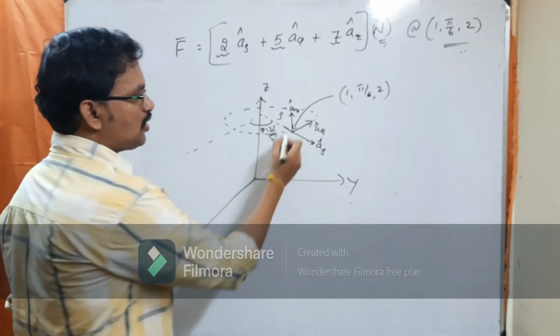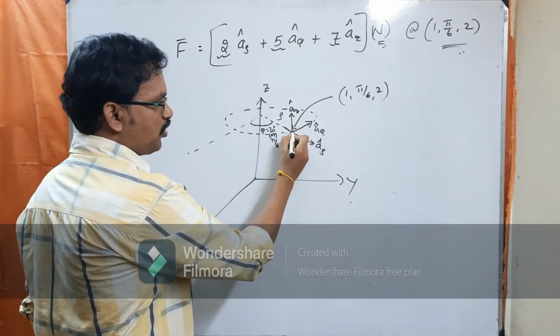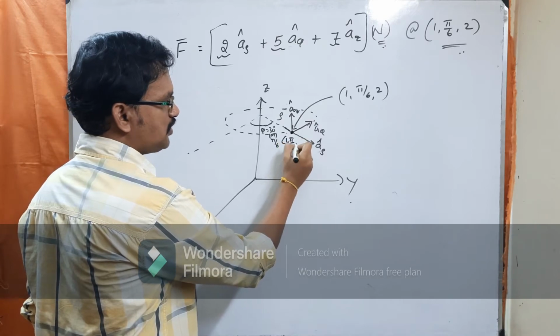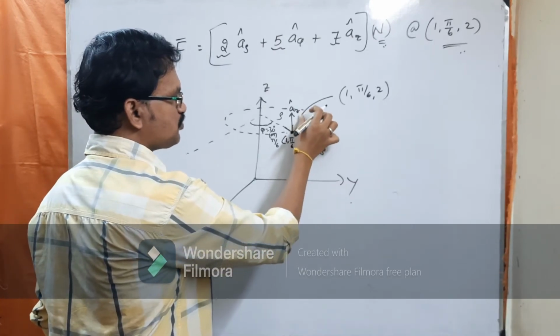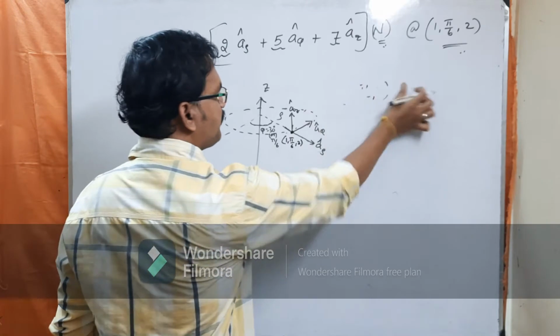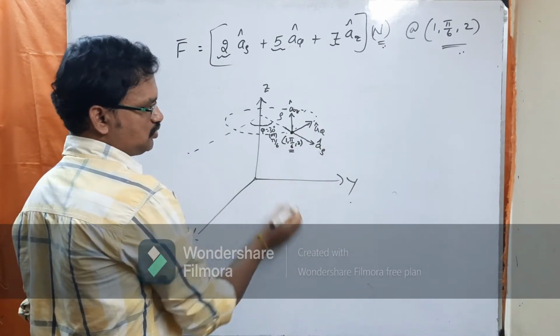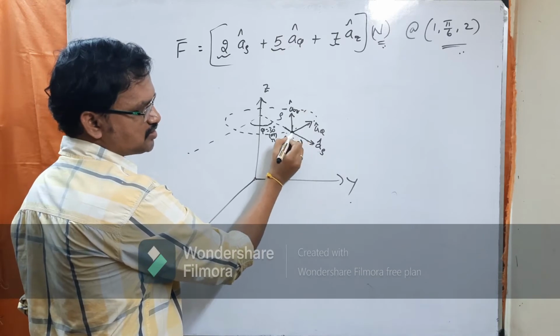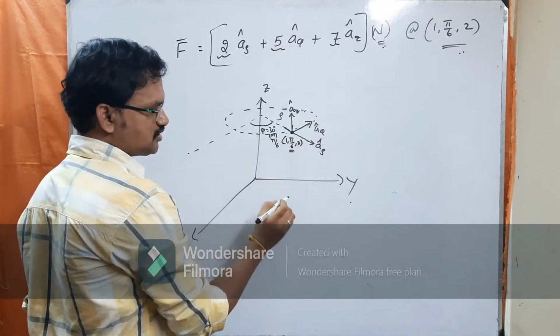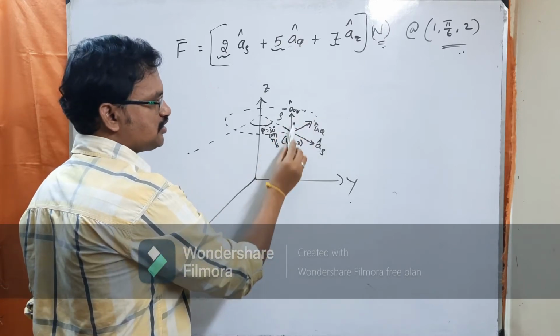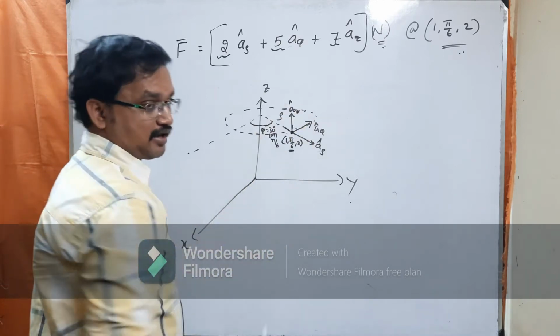So you are representing the vector at this point (1, pi/6, 2). At this location the direction of a_rho cap points in this direction, a_phi cap points in this direction, and a_z cap points in this direction.